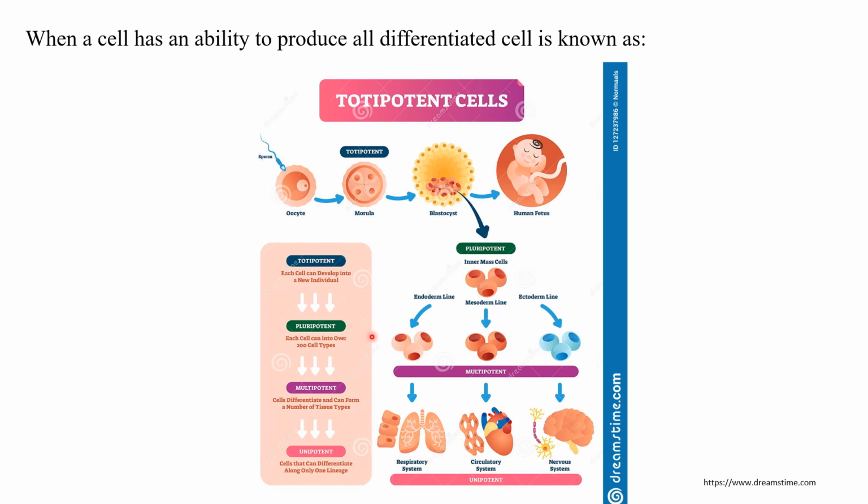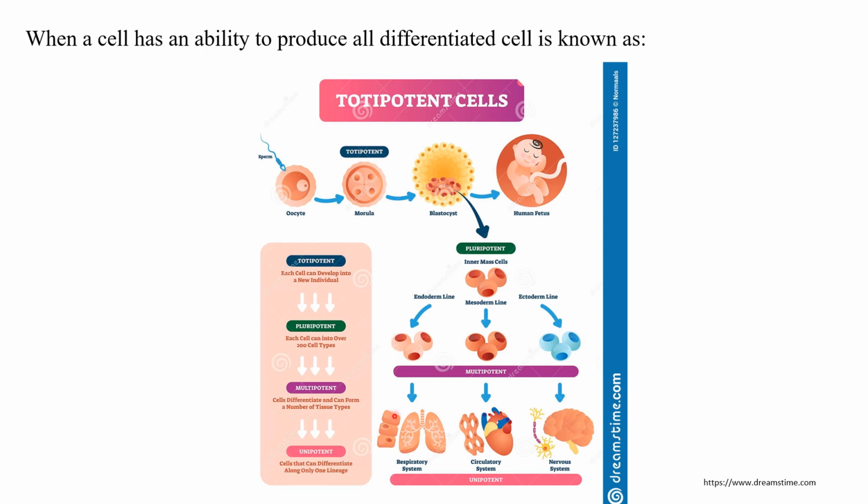Now, for each germ layer, that is endoderm, mesoderm or ectoderm, these initial cells are known as multipotent cells. So these cells can differentiate and form a number of tissue types.